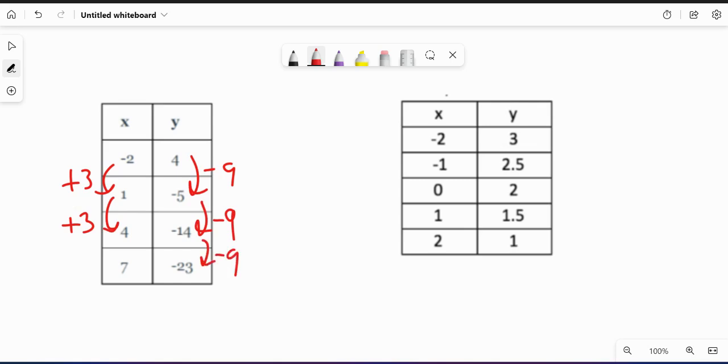As long as the ratio is the same, you might see some problems where it doesn't go down the same amount all the time, because you have to look at the equivalent ratios. So my M is negative 9 over 3, which reduces and simplifies to just negative 3.